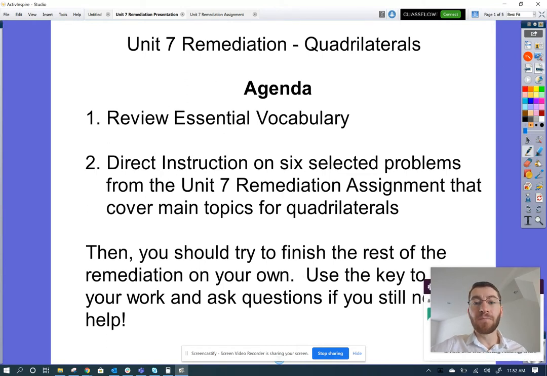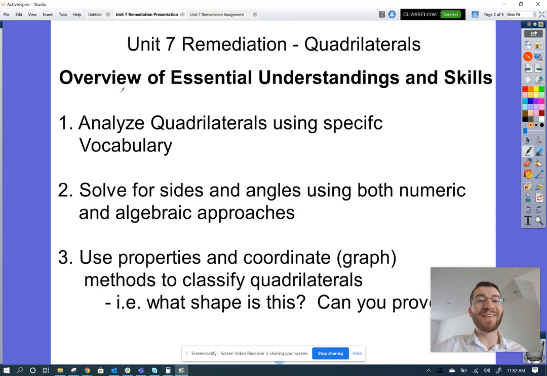All right, so let's talk about an overview of essential understandings and skills for our Unit 7 Quadrilaterals unit. We need to be able to analyze quadrilaterals using specific vocabulary like angle bisector, congruent, parallel, and perpendicular. We're going to solve for sides and angles of quadrilaterals using both numeric and algebraic approaches.